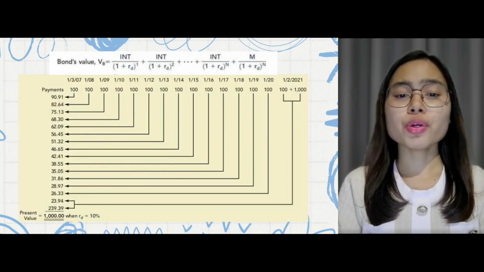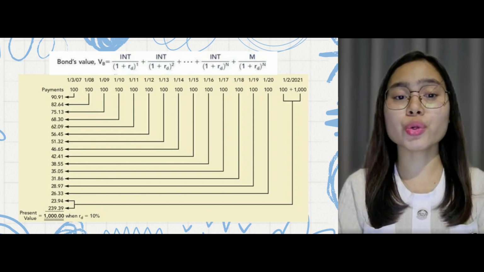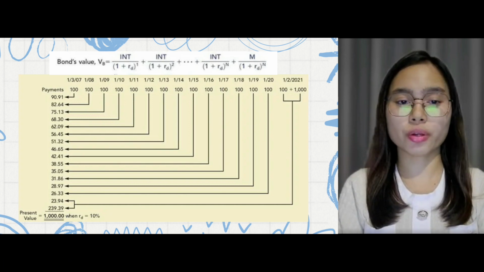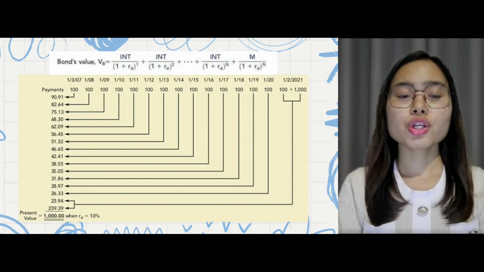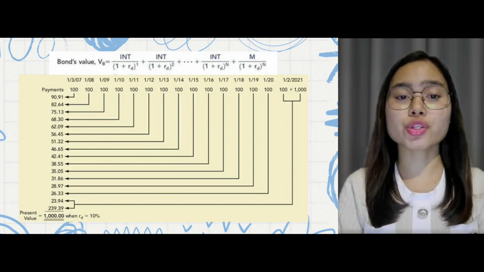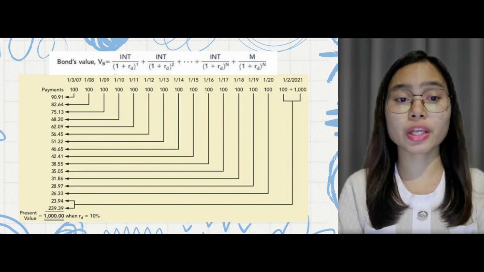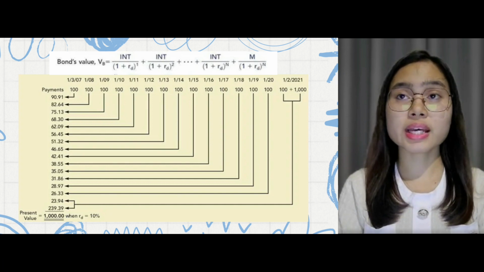So to compute the present value, we have here our equation where you can see an annual computation. Bond value equals INT, which is $100, divided by 1 plus rate discount, which is the 10%, raised to 1, since I said earlier it is computed annually.